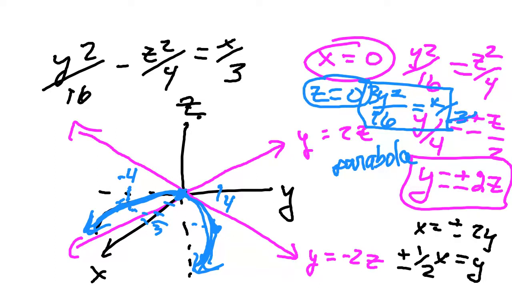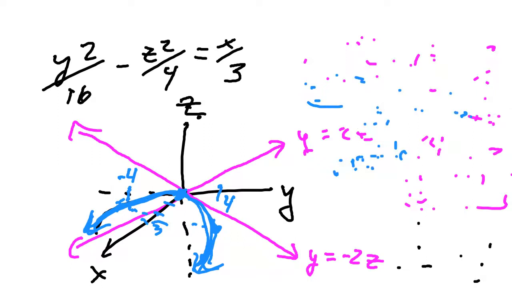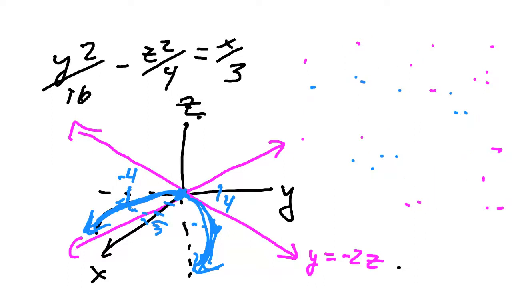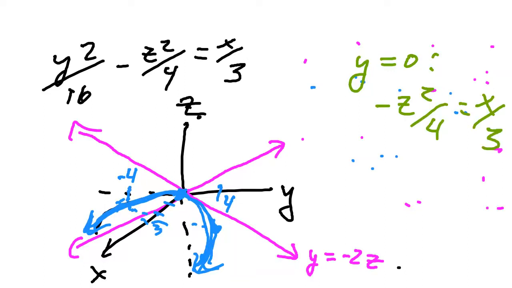And if I now let y equals 0, the question is, what do I have? So let me go back and draw. If I say y equals 0, then I have minus z squared over 4 equals x over 3.